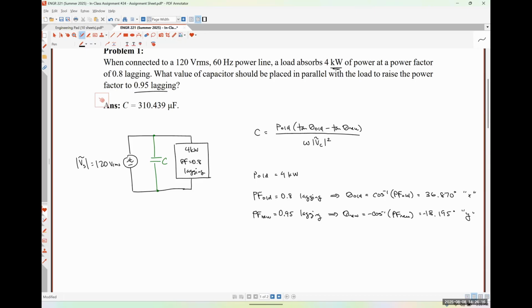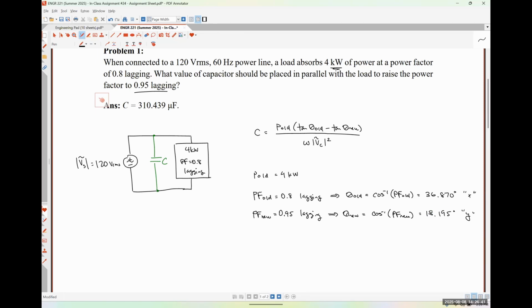Okay. So this is a place where we have to remember, leading means negative angles, lagging means positive angles. So anytime we're dealing with a leading power factor, we have to manually add in that negative sign. Okay. So just wanted to make sure that you all were aware of that.